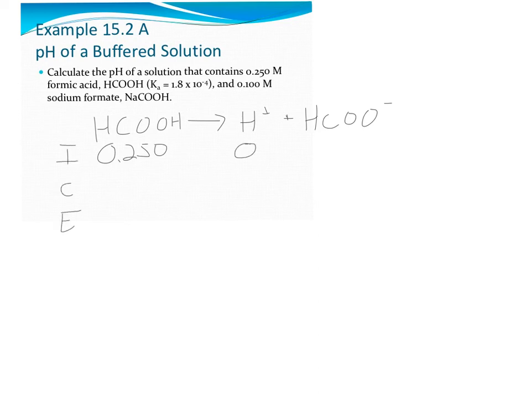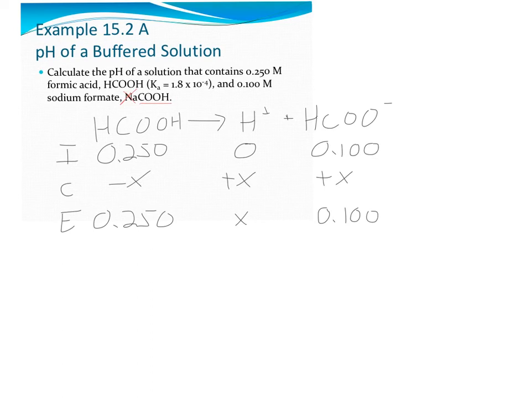My hydrogen is 0, but my formate, since my sodium here is a spectator, that's HCOO minus. We need to recognize that that is a conjugate, and we have 0.1 of my formate ion. So we go through our chart, minus X, plus X, plus X, and when we have the common ion there, we're going to call this a buffer now, because it's a conjugate pair. It's not just a common ion, it is a conjugate pair.